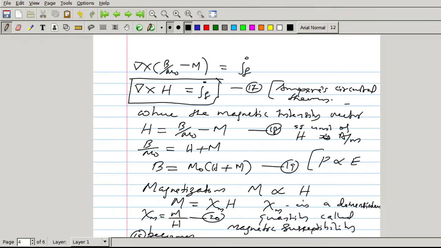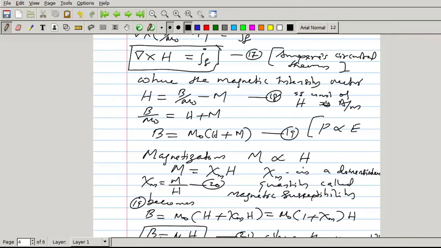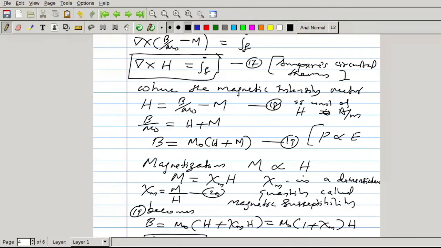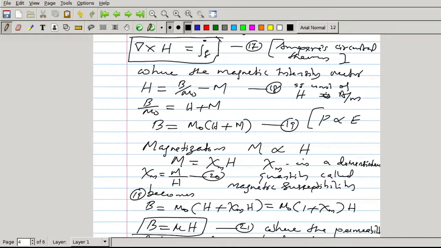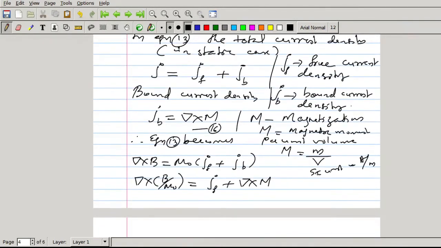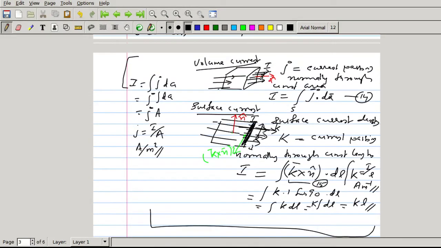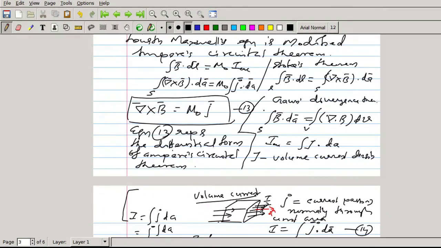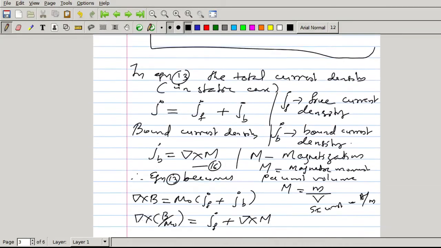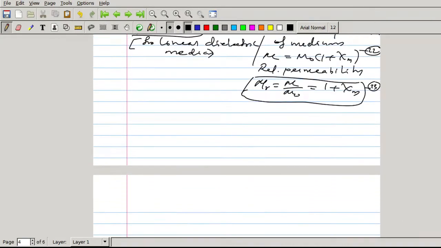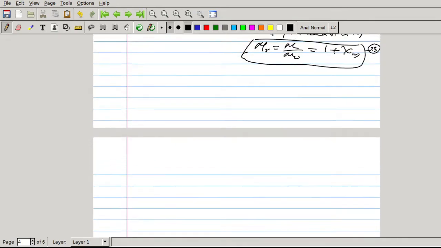Now in Maxwell's equations, Maxwell introduced the concept of displacement current. The equation del cross B equal to mu 0 J, equation 13, is applicable only for the static case, where there is no change in electric field intensity and no change in magnetic field intensity.